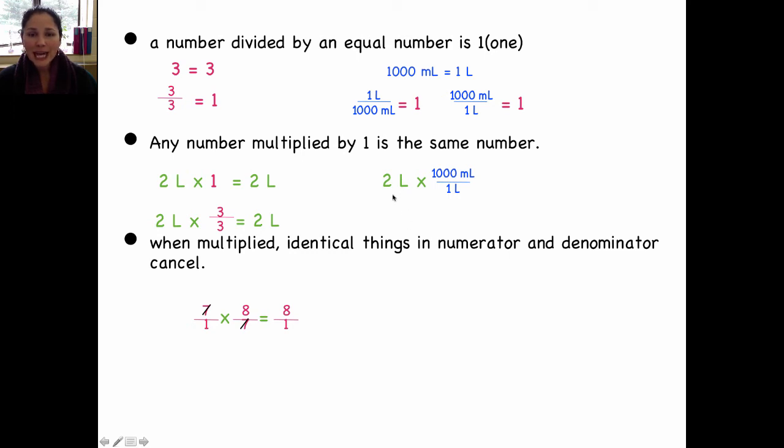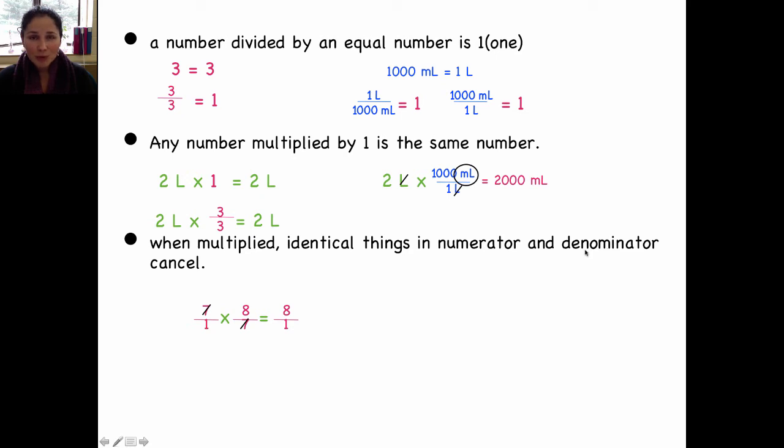If I apply this to cancel out the units that are the same in the numerator and the denominator, then I'm left with the unit that's remaining. So if I multiply 2 times this equivalency, I will get 2,000 milliliters. And this equation should be true, that 2 liters is equal to 2,000 milliliters.